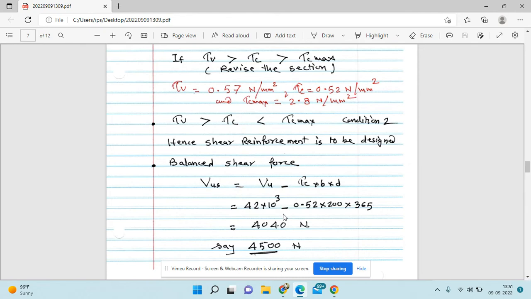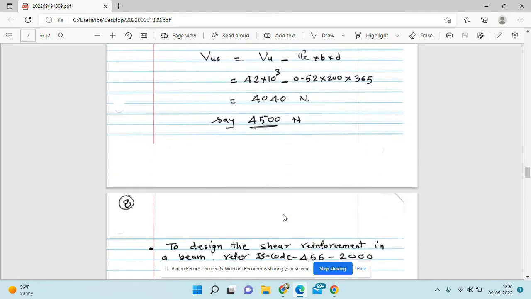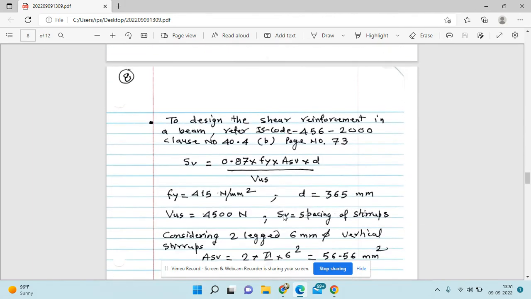Rounding it on the higher side, we can say that Vus is 4500 Newton. Now we have to design the shear reinforcement using the formula given on page number 73, clause number 40.4, and that too for b.